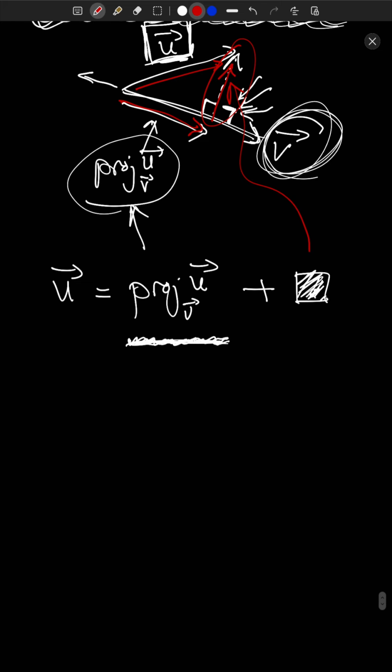And what's important is that you'll see in the picture, this vector here, this box, that I haven't even given a name, is actually perpendicular to the projection. This is my projection vector over here. This is my box vector right there. They're perpendicular.